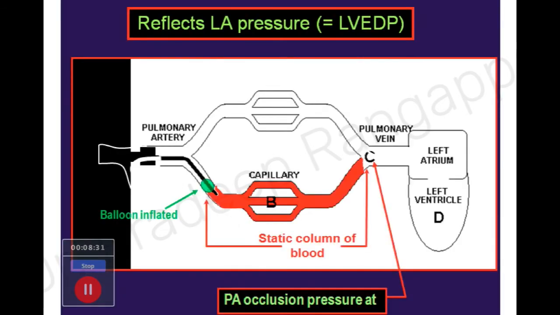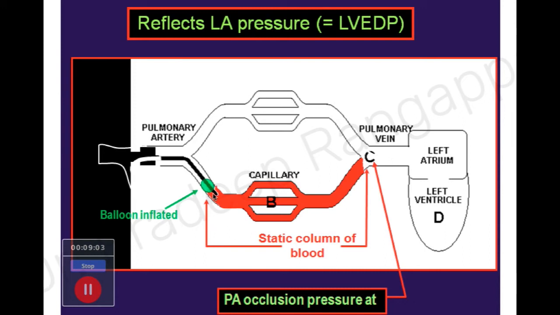So this is another schematic diagram as to how it will assess your left ventricular end diastolic pressure or left atrial pressure. The way we try to ascertain that is, you have put in the PA catheter and then you inflate the balloon. Once you are inflating the balloon, the pressure which gets transduced from here is cut off from the pressure here. So what basically this indicates is the pressure here. This is the pulmonary veins which is going into the left atrium.